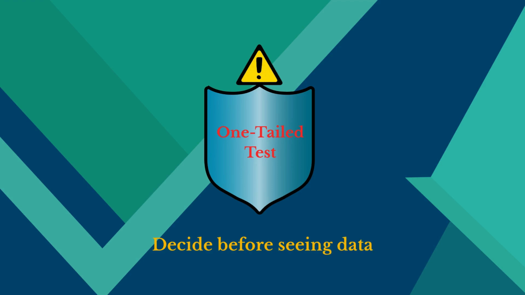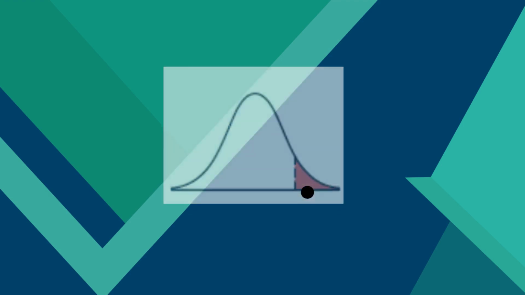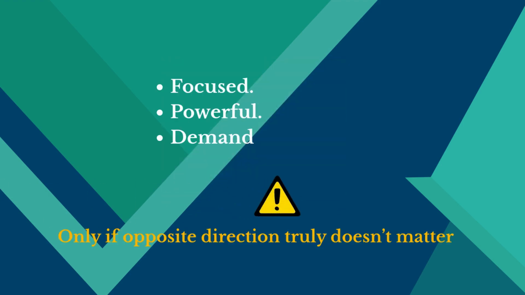Not because it looks inconvenient, but because conceptually it does not support your claim. If you wouldn't accept a large effect in the opposite direction as meaningful, then a one-tailed test may be justified. So let's lock this idea in. A one-tailed test asks, is the result extreme in one pre-specified direction? They are focused, they are powerful, and they demand discipline.